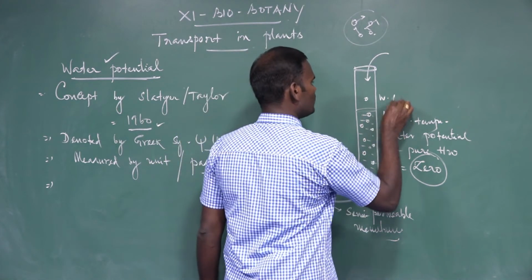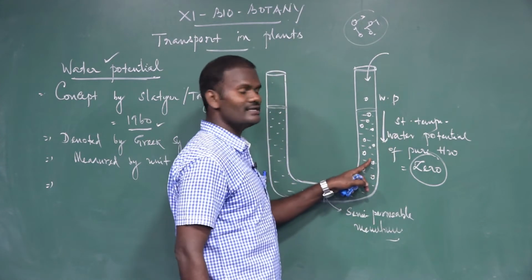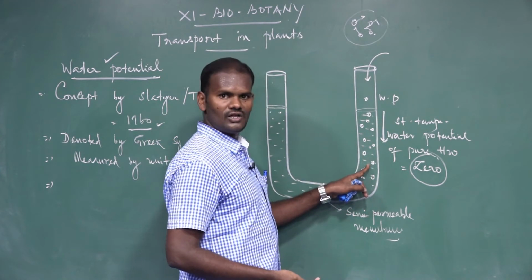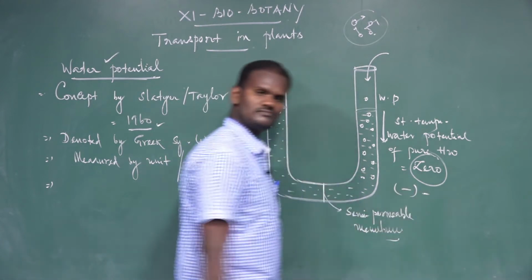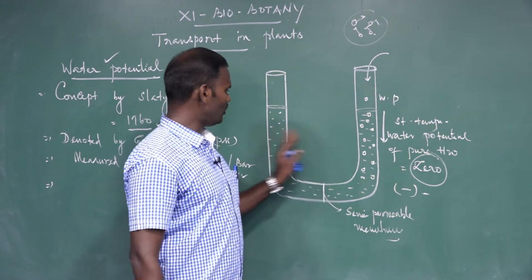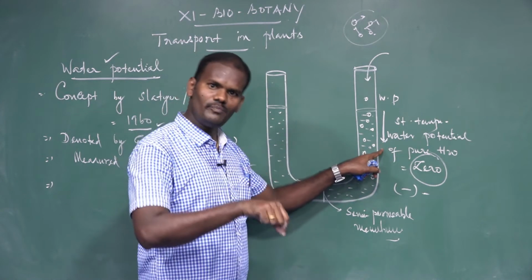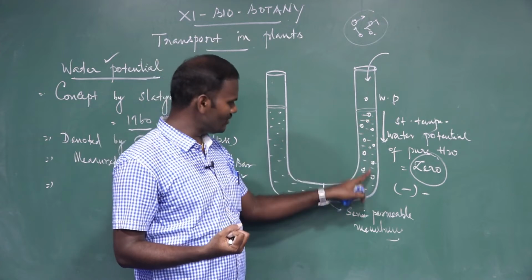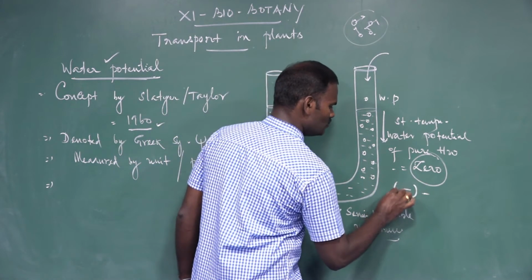It reduces the free energy of the water molecules, so the value becomes negative, because the water potential of pure water is 0. If you add any solute particle, it definitely reduces the water potential and the free energy, and the water potential decreases to a negative value.